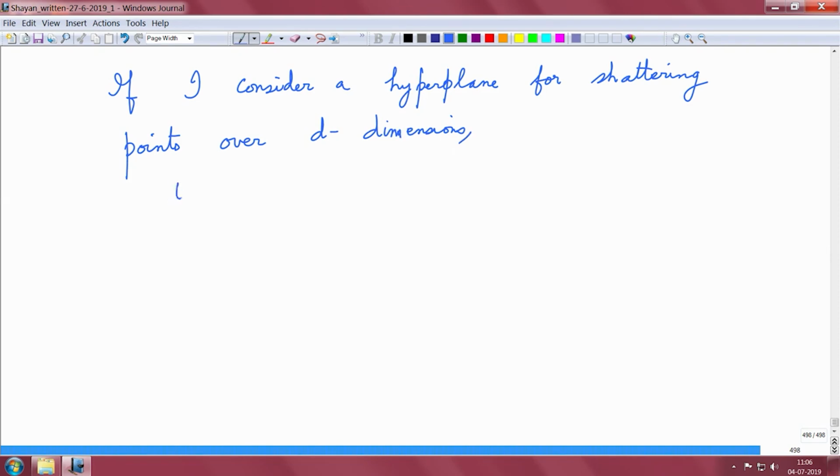The equation of my hyperplane is W transpose x equals 0.